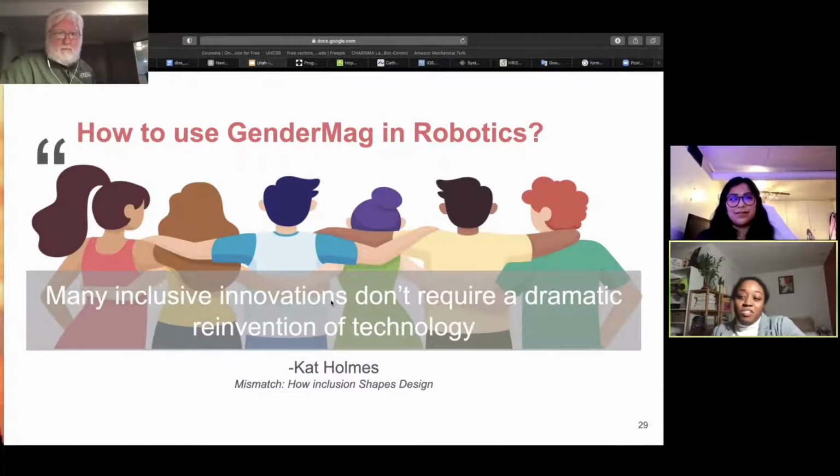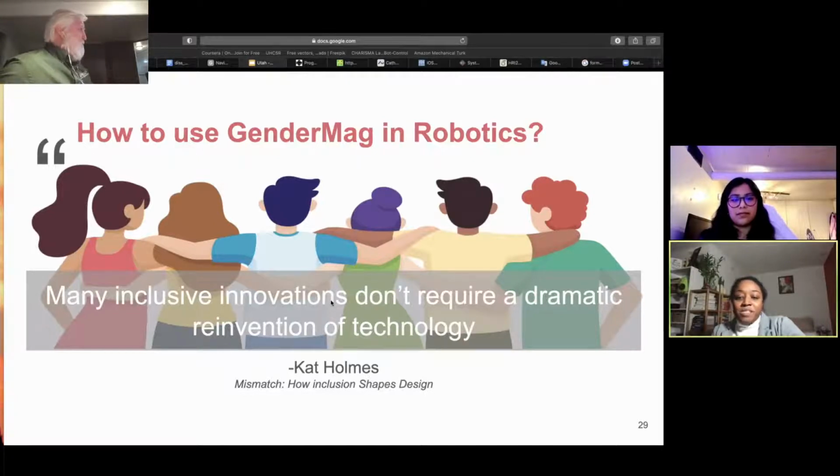But we did not incorporate a lot of the well-established HCI work into the robotic field. So my thesis is about how we can bring GenderMag into robotics.